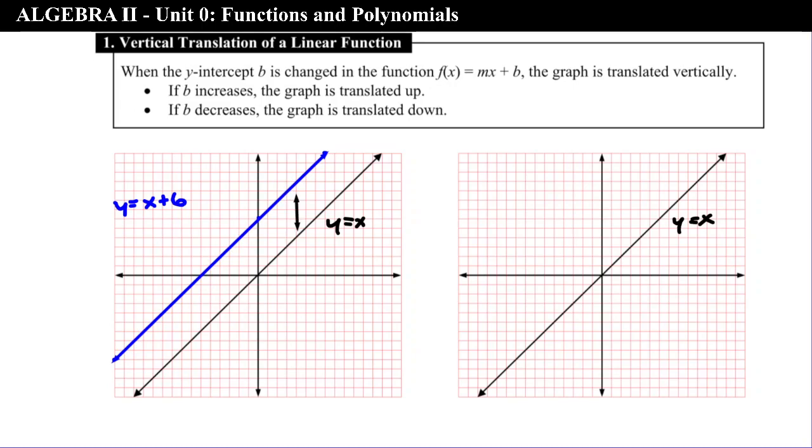It was upward here and upward here, and you could draw those arrows really anywhere. It was translated upward. So the way we would notate that is we have a graph that was translated up 6 units.